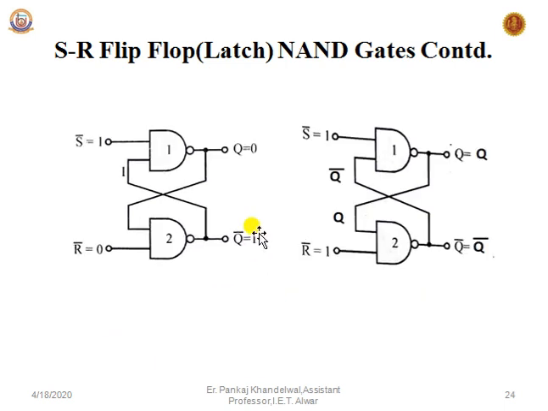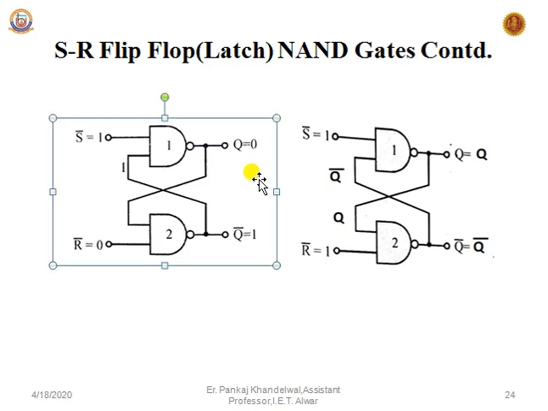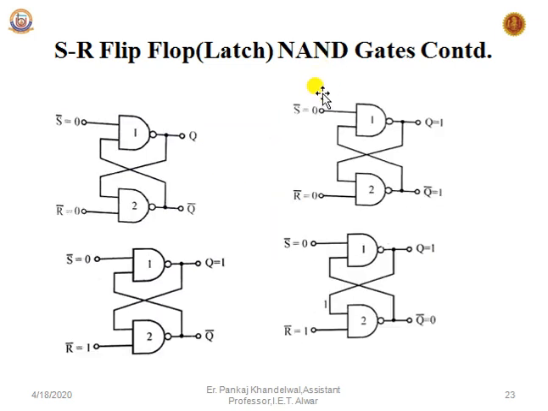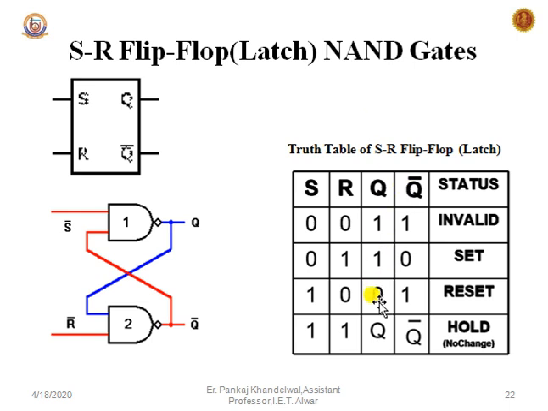After that, this 1 goes through feedback to the second input of gate 1, so gate first has output 1 NAND 1, which is 0, so this Q output is equal to 0. When Q is equal to 0 and Q bar equals 1, this state is called the reset state.